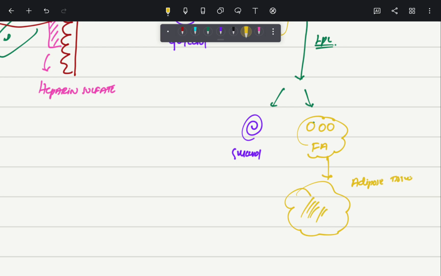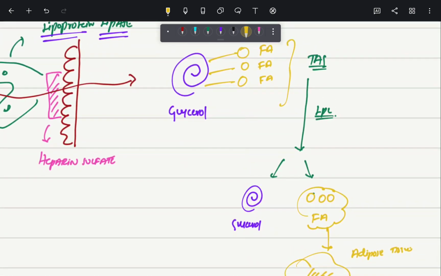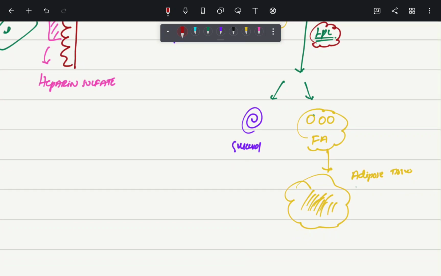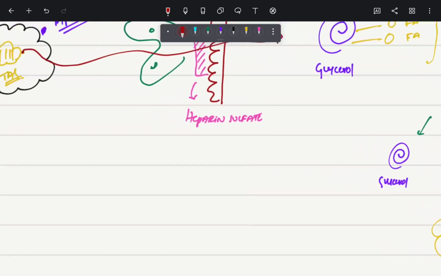So that was the function of the lipoprotein lipase enzyme. It was breaking down the very low density lipoproteins which had triacylglycerols present in them into glycerol and fatty acids. The fatty acids were stored in the adipose tissue. I hope you are clear with this.